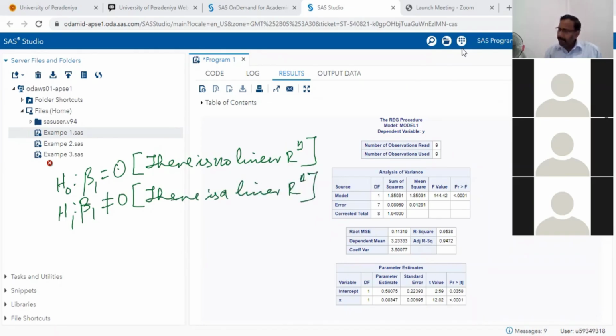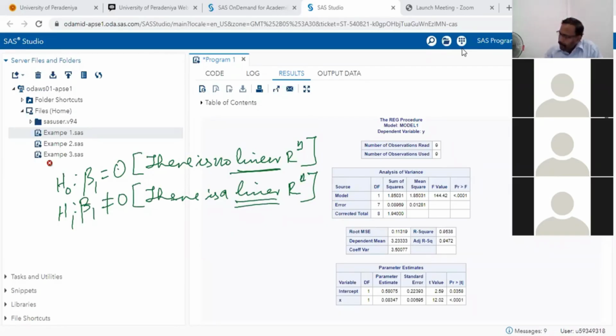Very good. So now we are testing whether there's a linear relationship or no linear relationship. This is what we are testing.